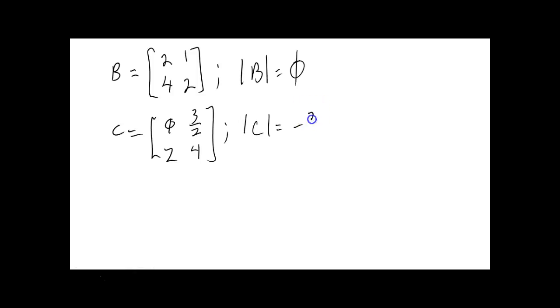Yeah, negative 3. Perfect. 0 times 4 is 0, of course, minus the product of the other diagonal, 2 times 3 halves, which is 3, and the down diagonal is negative. So 0 minus 3. Okay.